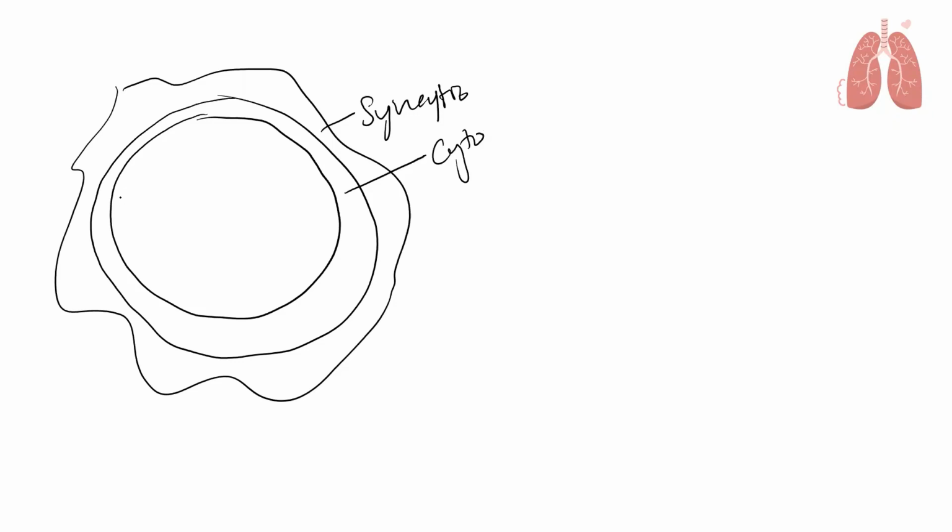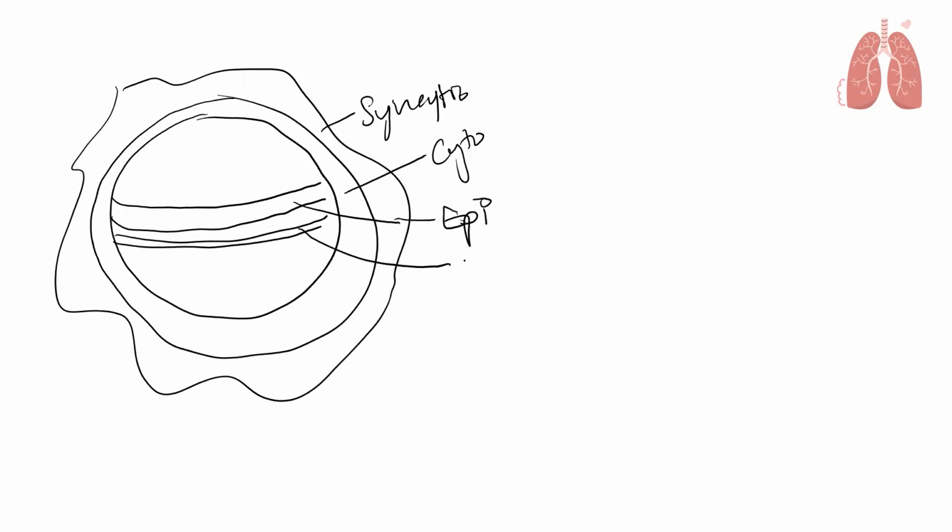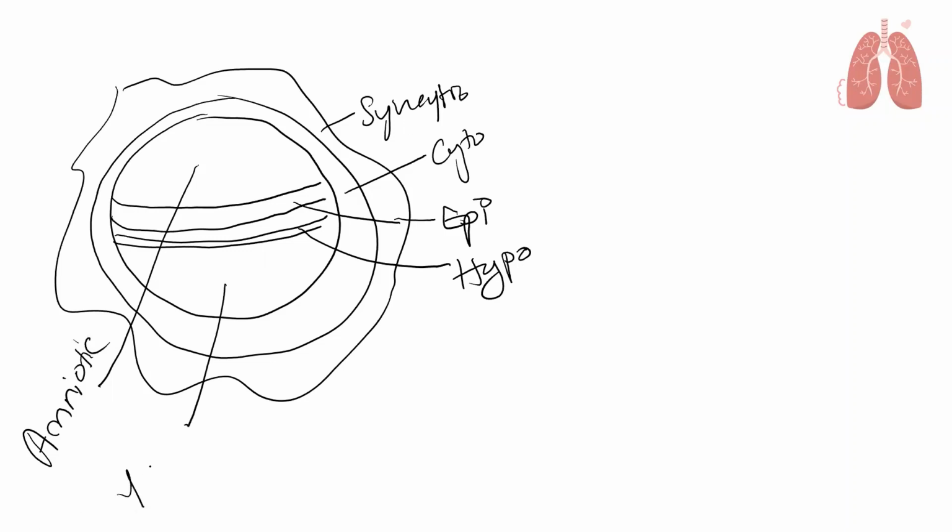In the inner cell mass, in the floor, you develop 2 cell layers: the epiblast and the hypoblast. This cavity is called the amniotic cavity, and the cavity which was there earlier, the blastocyst cavity, becomes the yolk sac.